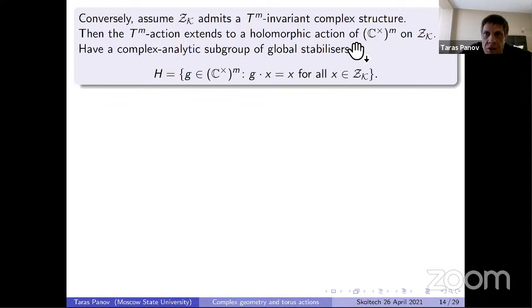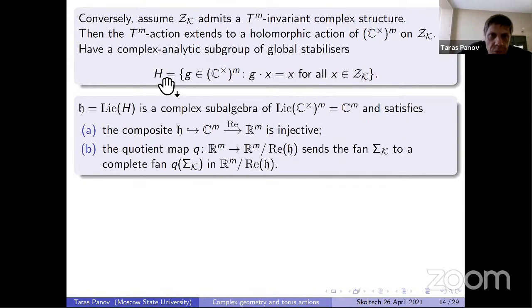But this holomorphic action need not be effective. It has global stabilizers, and these global stabilizers are precisely this subgroup H, which was defined before.